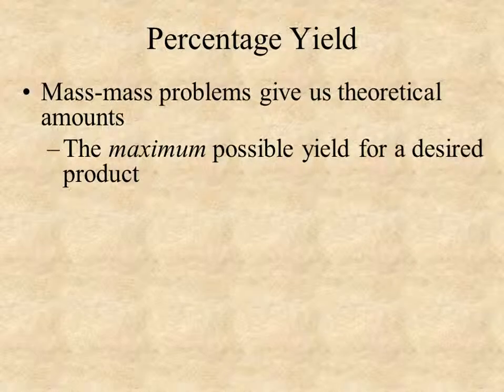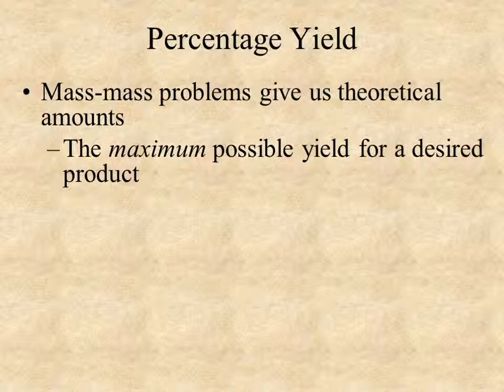How mass stoichiometry problems integrate with percentage yield is these problems provide us with that theoretical amount: if everything goes exactly according to plan, if no product was lost whatsoever, the maximum possible yield we should be able to get given the amount of starting materials.